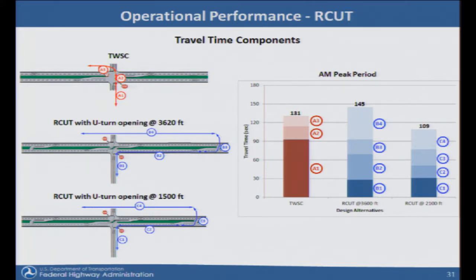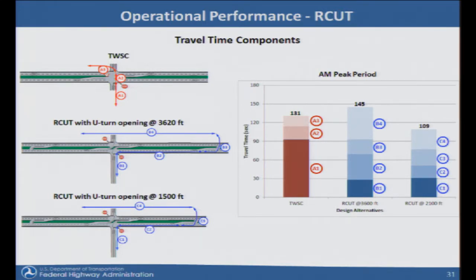If you have two-way stop control, most of the time you're basically waiting at the intersection, so you have a lot of intersection control delay. By turning that into an RCUT, your intersection control delay is dramatically reduced, okay? You no longer have the blockage, especially for the right turn traffic. They can get to the intersection and turn right.